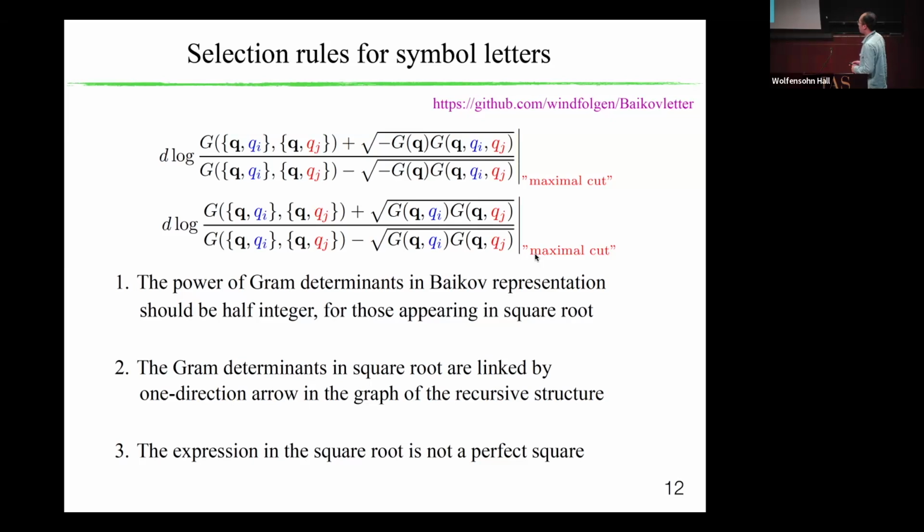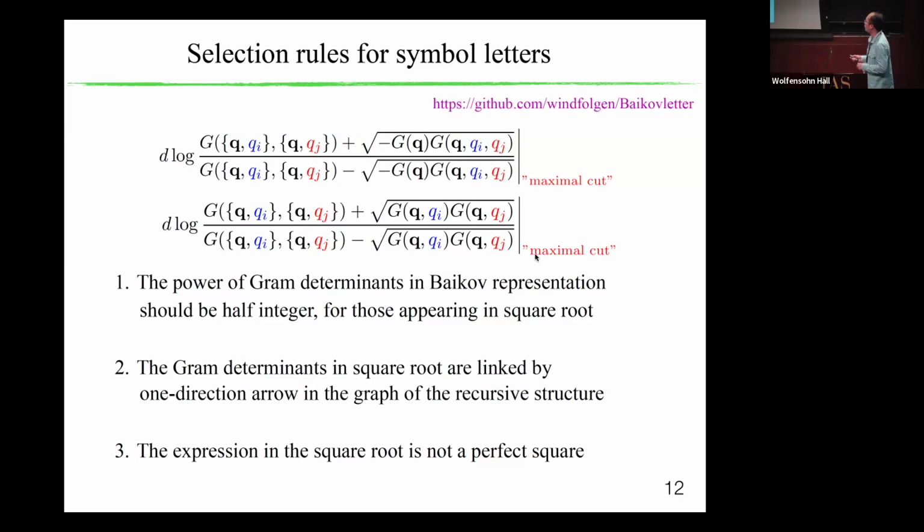The other thing is all of the Gram determinants appearing in the square root should be linked by the row in the graph of the relation of the recursive Baikov representation.